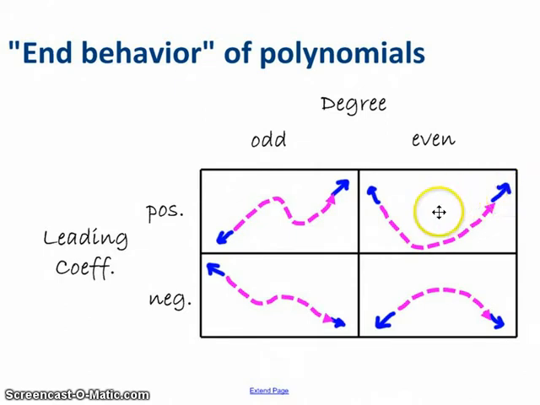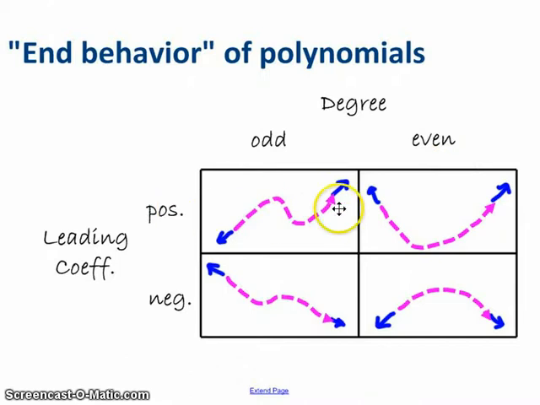And this shouldn't be too surprising. Back in December and early January when we were talking about quadratics, we talked about the idea that quadratics are parabolas. Parabolas are U-shapes, and quadratics have an even degree after all. A quadratic always has its largest degree being 2.